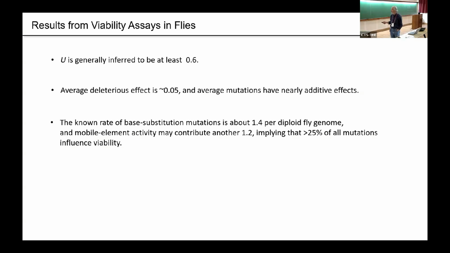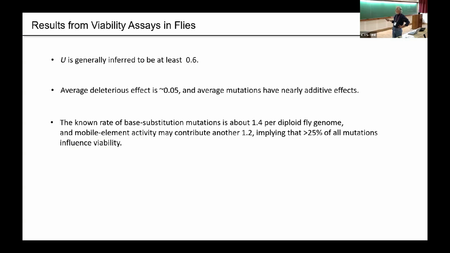And how does that fit with everything? Well, we and others have measured the genome-wide base substitution mutation rate, and it's about 1.4 per fly genome per generation. That's the molecular limit here for base substitutions. Some folks have suggested mobile element activity might contribute another 1.2 mutations per generation, a transposon hopping from one site to another.